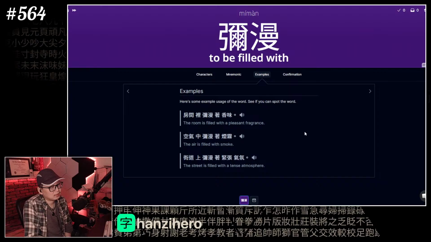We're just gonna say 街道上弥漫着 tense, high tense 紧张 atmosphere 气氛. Oh, it is Dao. Okay. 街道上. Okay, I just went with my gut. 街道上弥漫着紧张气氛。Okay.